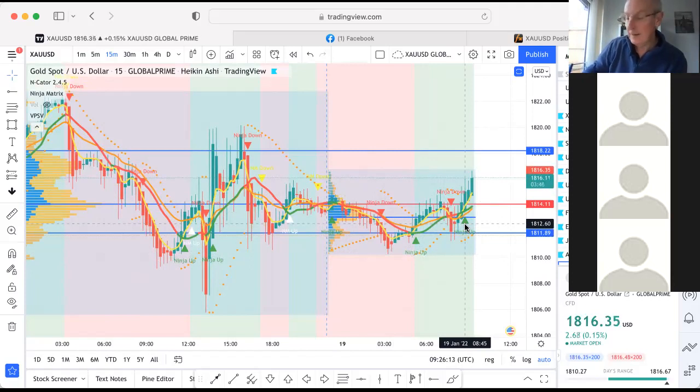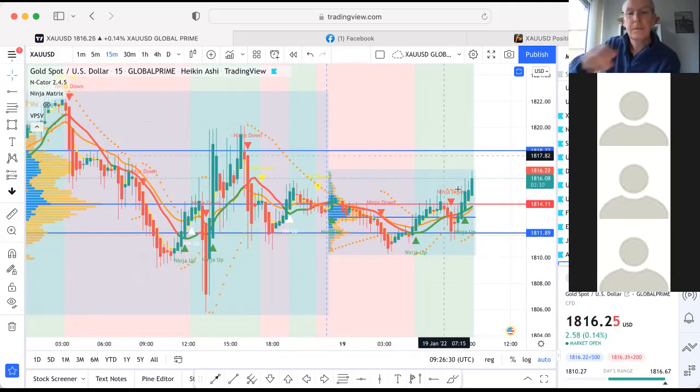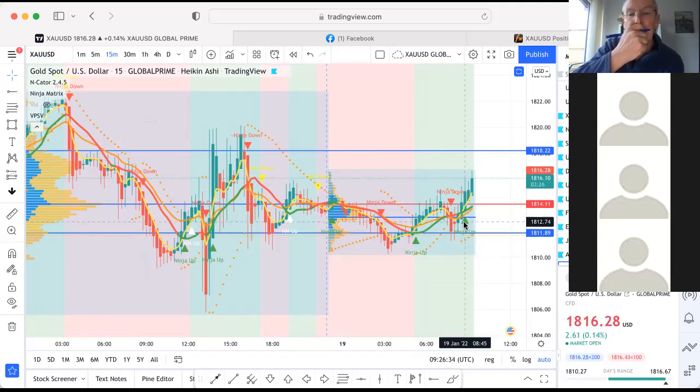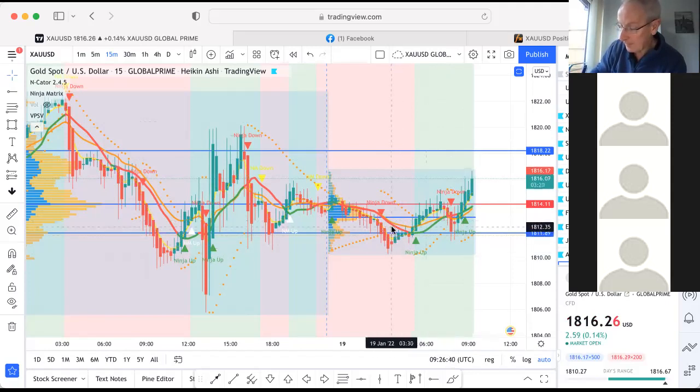And then I've got another indicator that I use, and that is the moving averages. As you can see, when I move my cursor away, the yellow line tends to disappear behind the candle. So if you want the yellow line to be clearer, you need to hover over where it says Ninja up, or you can hover over the red line there.